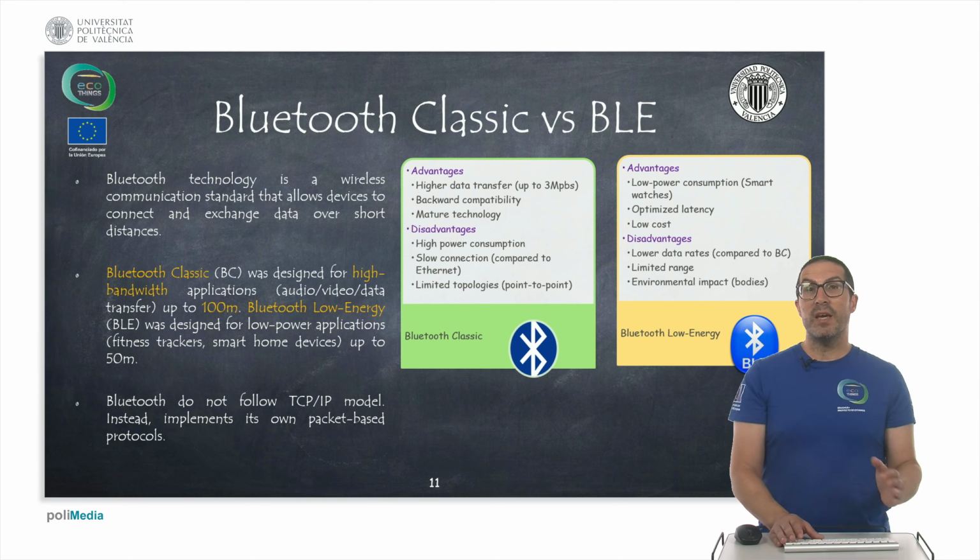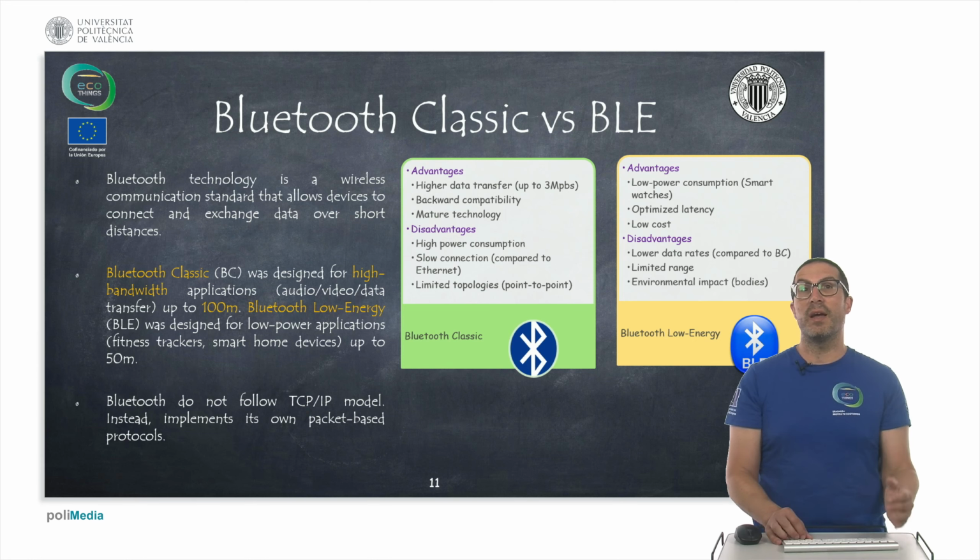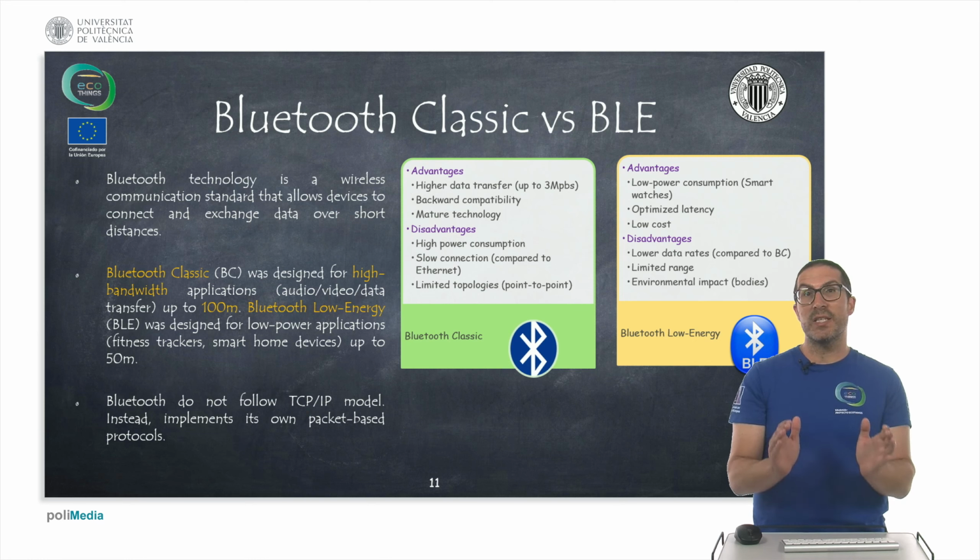The advantage of classic Bluetooth is that it can transfer data at higher rates, although it consumes much more energy, and another advantage is that the technology is quite mature. Bluetooth Low Energy is basically for transmitting small sizes of data, but using low energy.